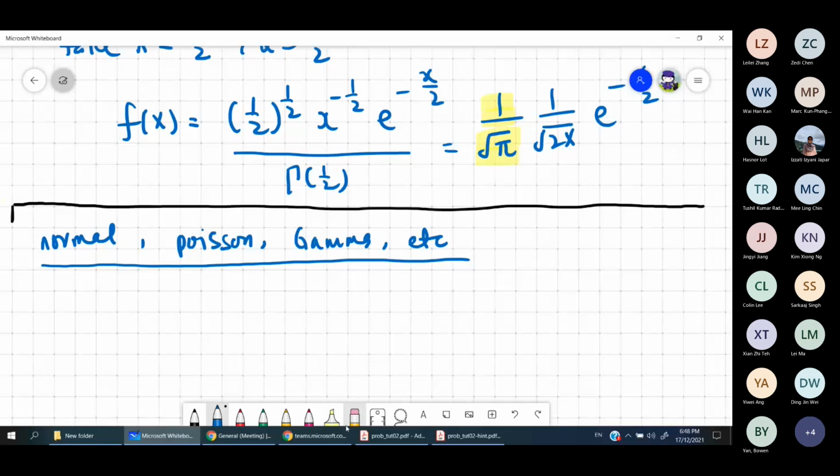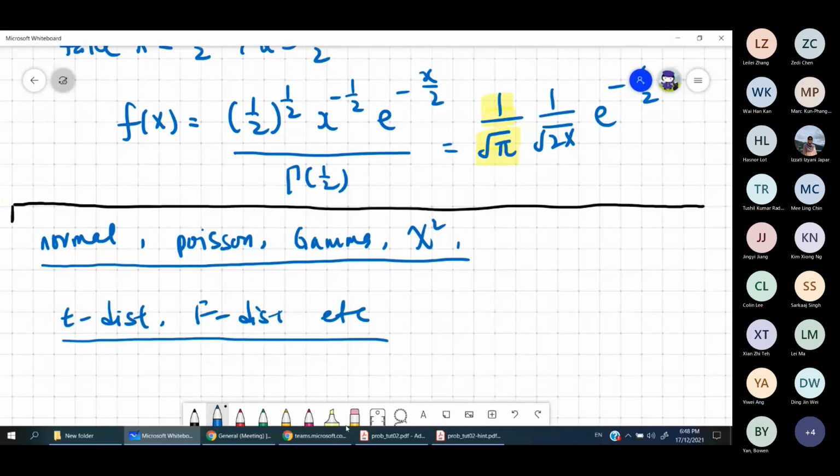Gamma, or maybe a chi-square, Poisson, gamma. I think that's it, right? I don't think I'm going to touch the t distribution, but at least you know there's something called a t distribution and F distribution and so on, etc. All the standard distributions.